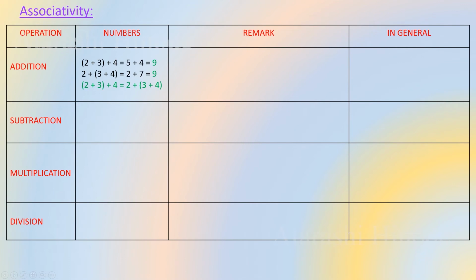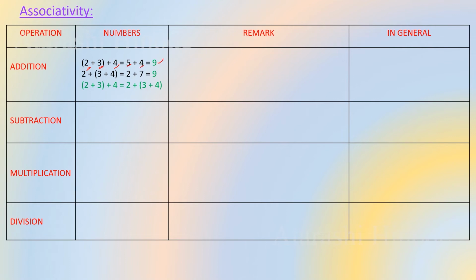Third property is associative property. Here I have taken three whole numbers 2, 3 and 4. In the first case I have grouped 2 and 3, that is 2 plus 3 equal to 5, then plus 4 equal to 9.